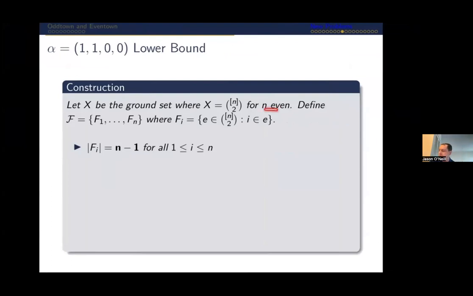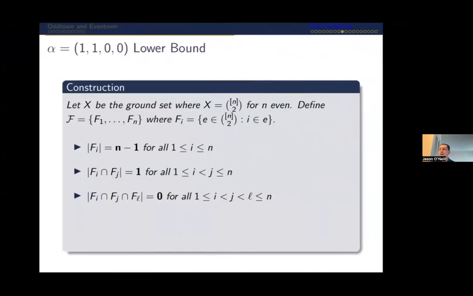So as long as n's even, this is going to satisfy that first condition. The pairwise intersection is going to consist of all edges in the complete graph that contain both the vertex i and the vertex j, and there is only one such edge. So the pairwise intersection is also going to have size 1, which is odd.